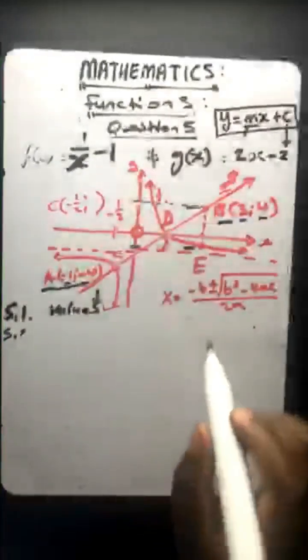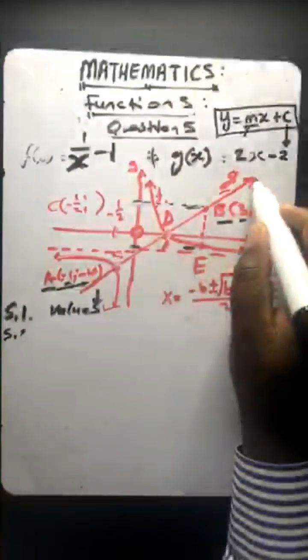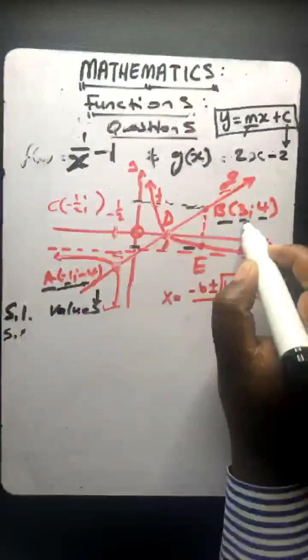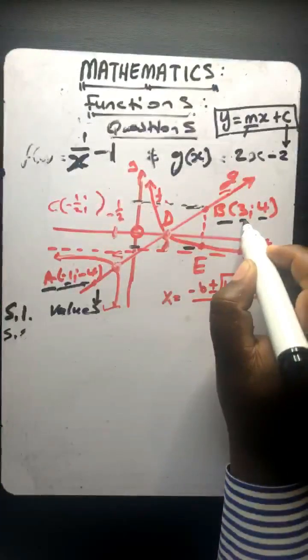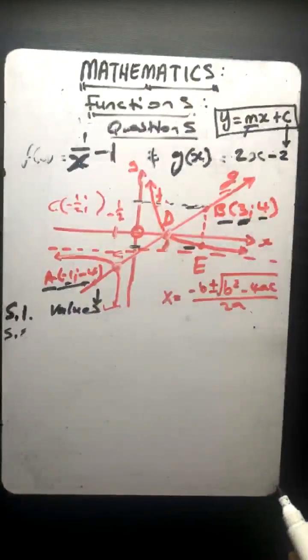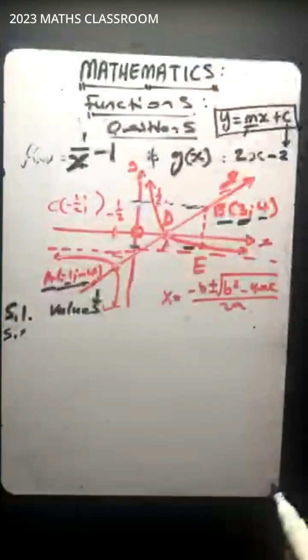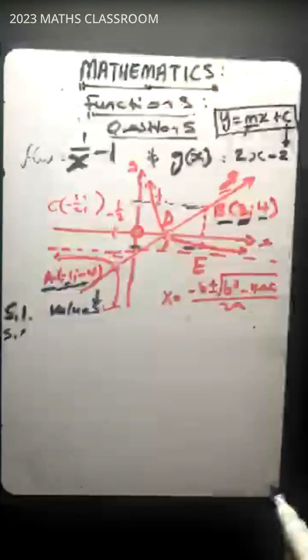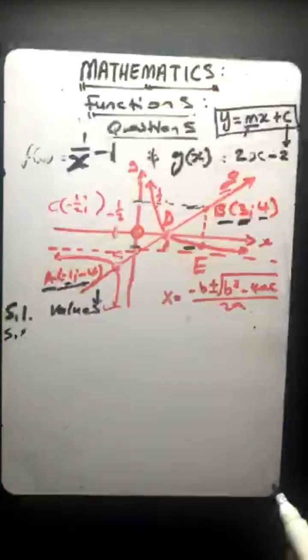Someone can say, I can use the equation of that straight line because I know that's where x is 3. Let me quickly confirm something.